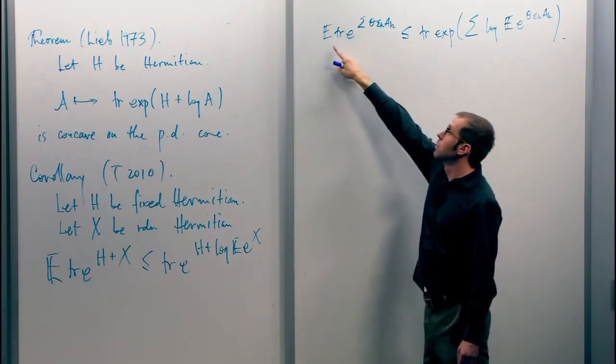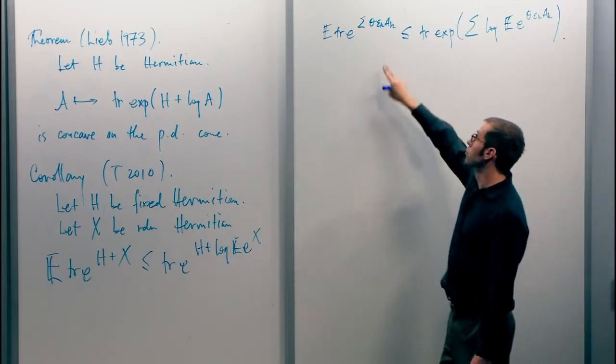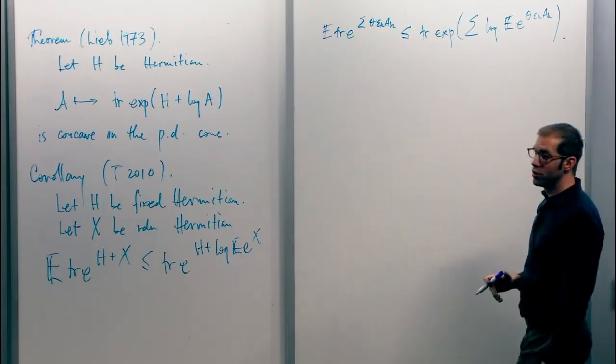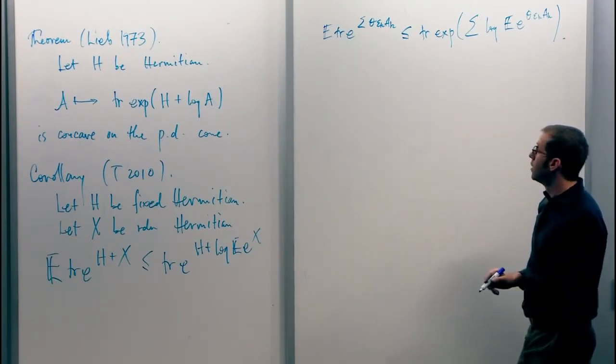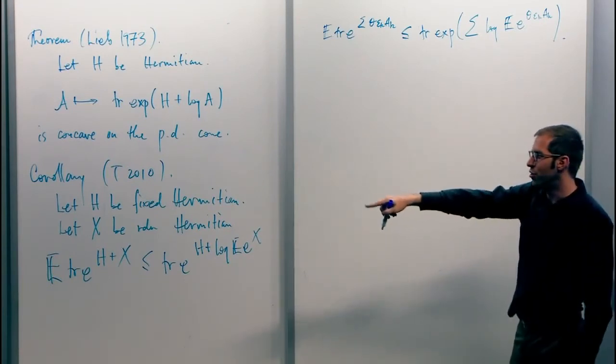Okay, so we computed this expectation as an iterated expectation, peeling the terms off one at a time, and we used independence to do that. So it plays a big role here. But this is the matrix extension of that result.